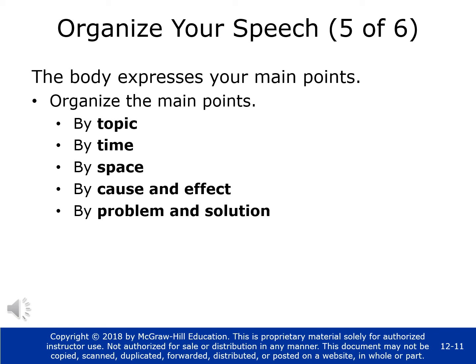So maybe the cause of the opioid epidemic and the effects that it has on family members. And then there's the problem and solution type pattern. You could present a problem and then have a solution. So those are some different ways to express your speech.